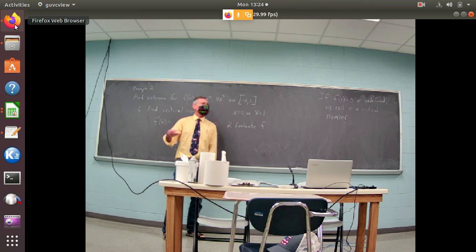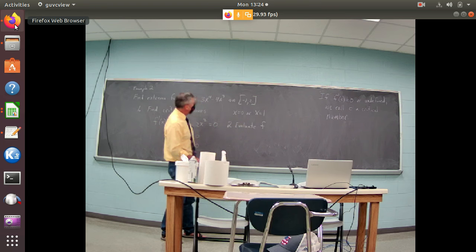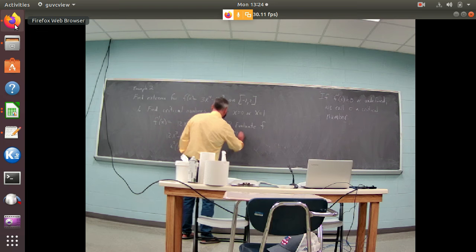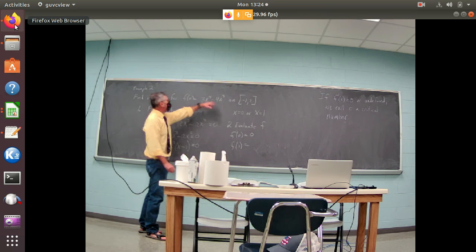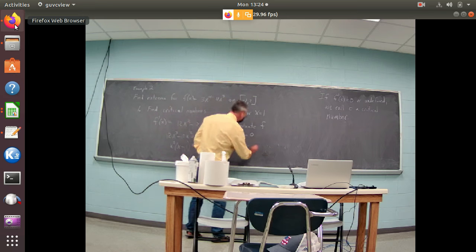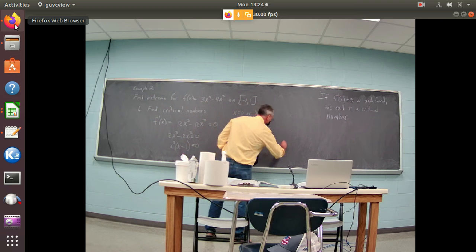They're just going to give you a continuous function. So the derivative may have issues, but the function itself is going to be continuous, and therefore you should be able to evaluate f at any of the critical numbers you come up with. So evaluate f. Well, f of 0 equals 0, and f of 1 is equal to negative 1. So 3 times 1 minus 4 times 1, negative 1.